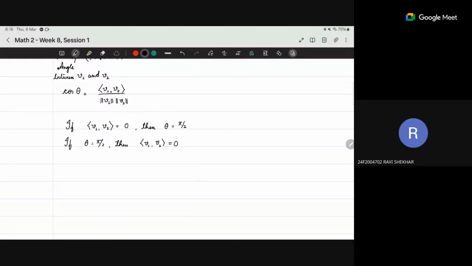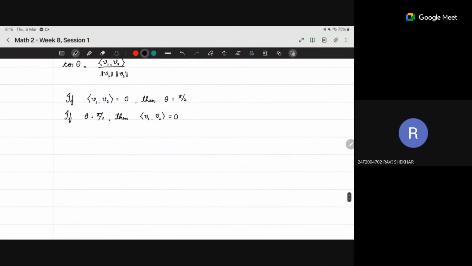So the inner product of two vectors being 0 is the same as the angle between them being equal to 90 degrees. So if the inner product of V1, V2 is 0, then V1 and V2 are said to be orthogonal to each other.